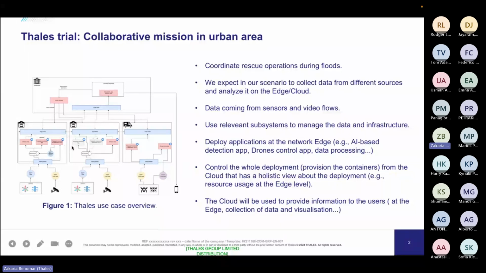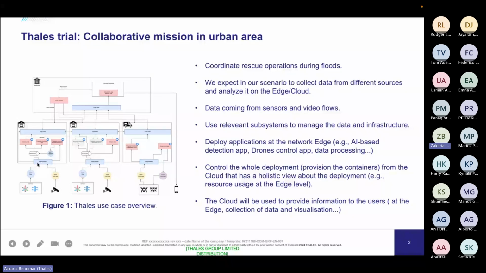We would like to use relevant subsystems from the tech providers to better manage the data and the infrastructure. The idea is to deploy on demand, on the network edge, the applications that we will be using, for instance, AI-based detection apps for analyzing the video traffic.